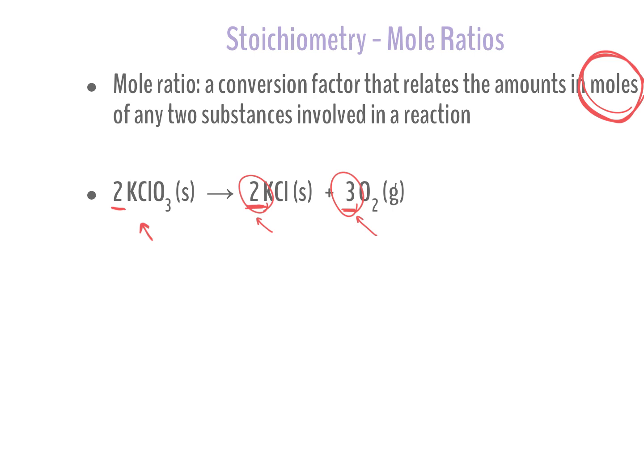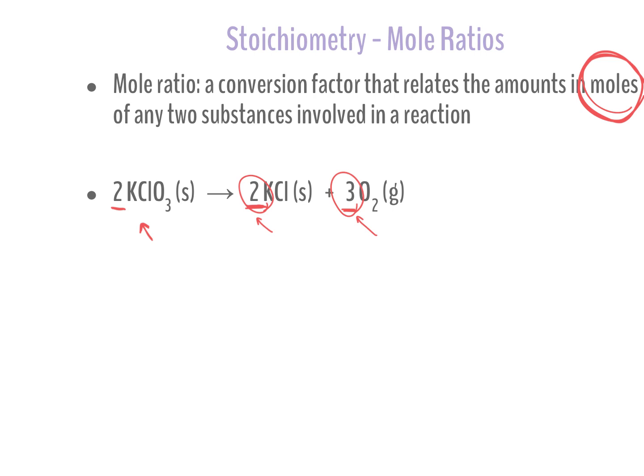Remember how we gave the example that 1 gram of hydrogen and 1 gram of oxygen have the same mass, but they're nowhere near the same quantity of atoms. 1 gram of hydrogen is a whole mole, but 1 gram of oxygen is only like a 16th of a mole. So it represents a much smaller quantity of atoms. So we always have to compare moles of our substances.